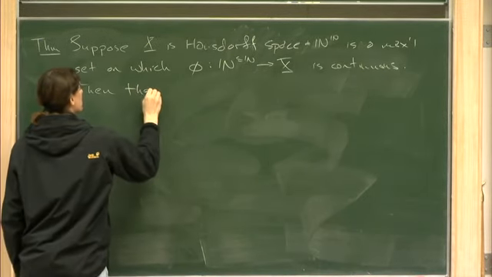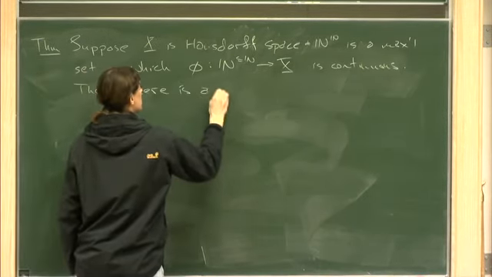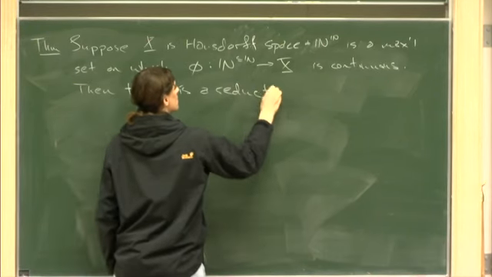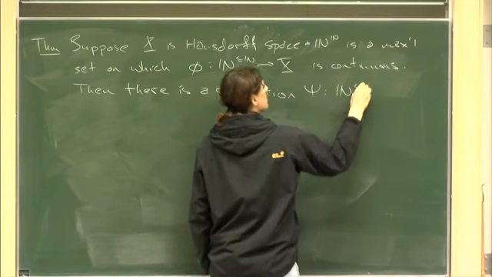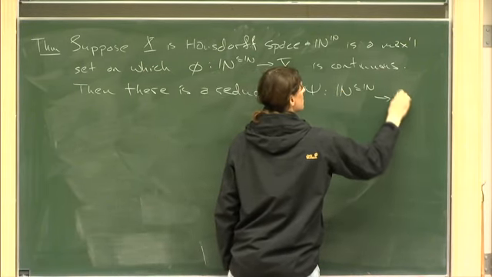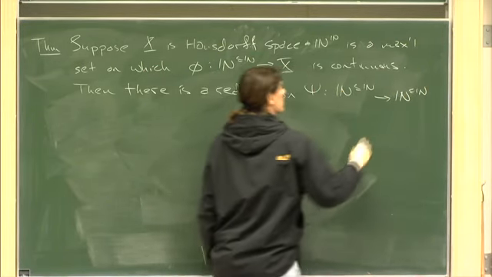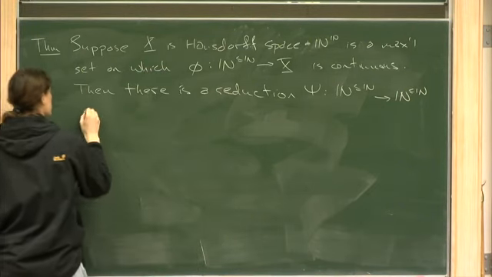Then there is a reduction C. So I'm just precomposing of Baire space to itself.